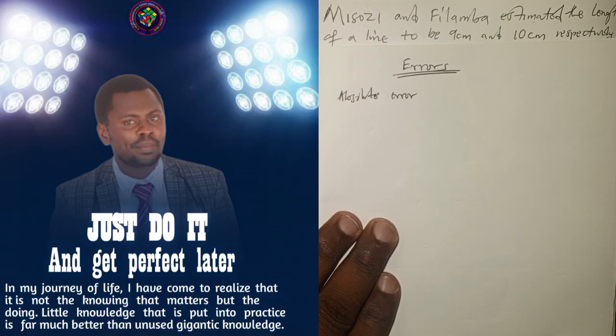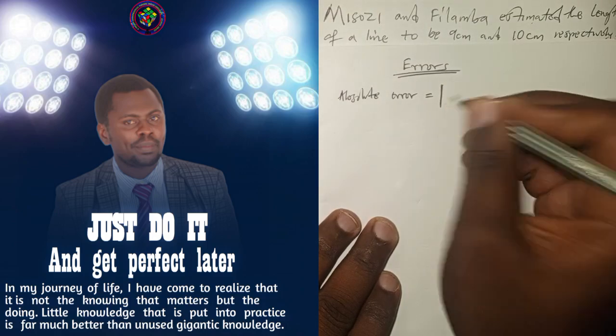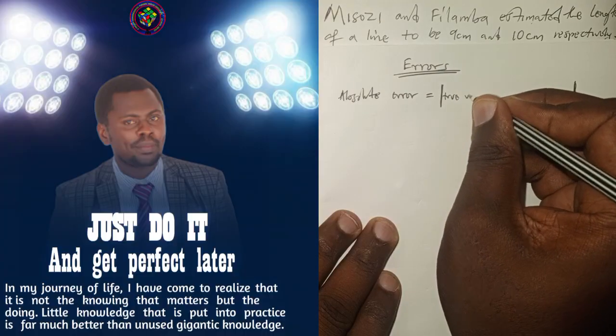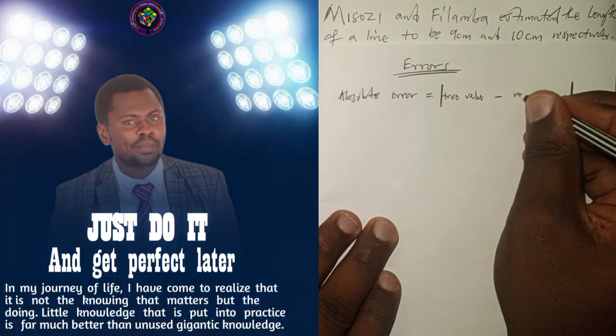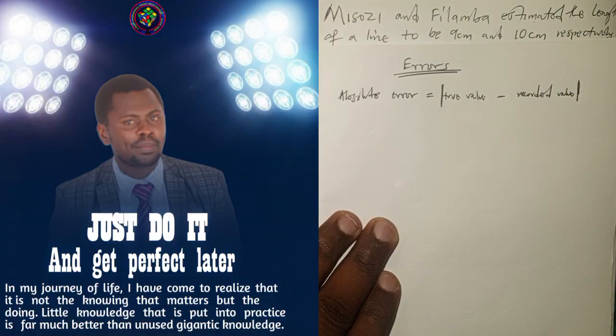So absolute error is equal to the absolute of true value minus recorded value. If you see the absolute, it means even if you get a negative there, you will just get a positive value.